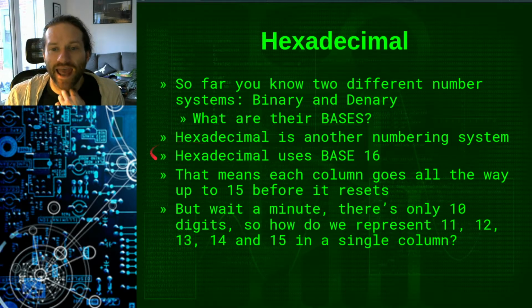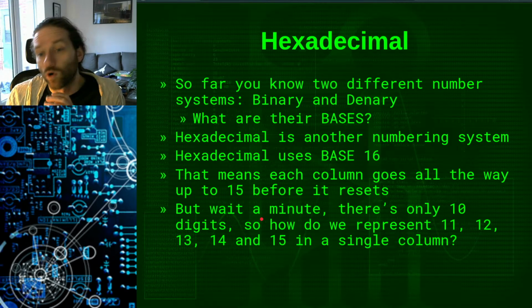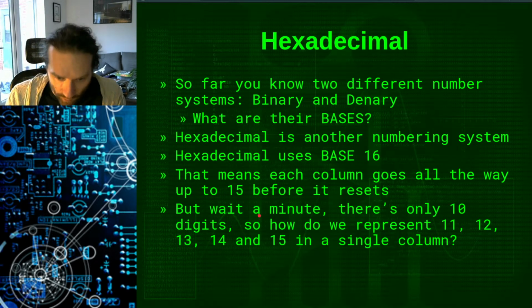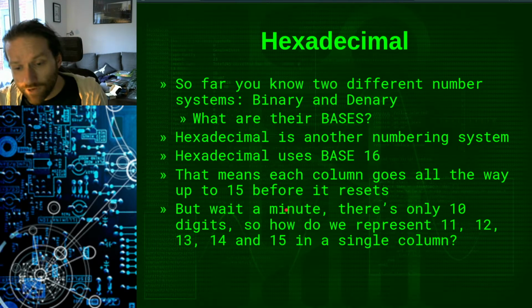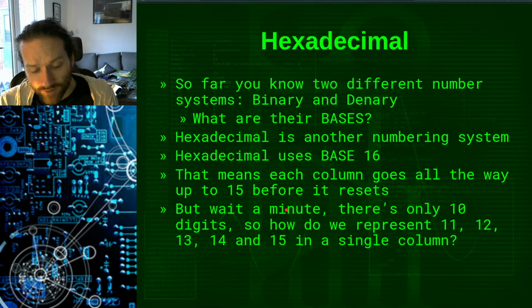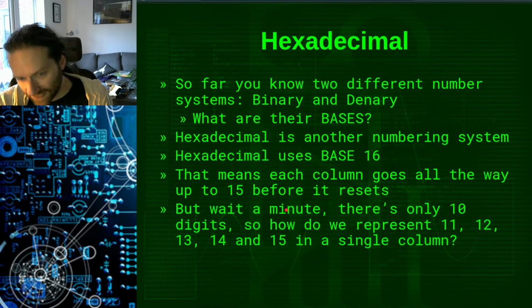That's where the hexa, obviously Greek prefix, comes from. Each column goes all the way up to 15 before it resets, in the same way that with denary, which is base 10, we go from 0 to 9 in each column. In binary, which is base 2, we go from 0 to 1. You always go up to 1 less than the base value.